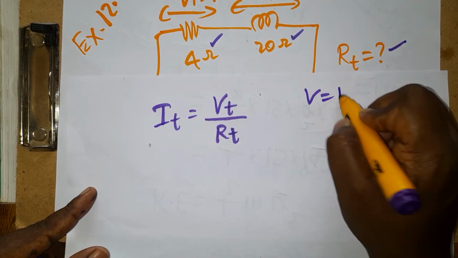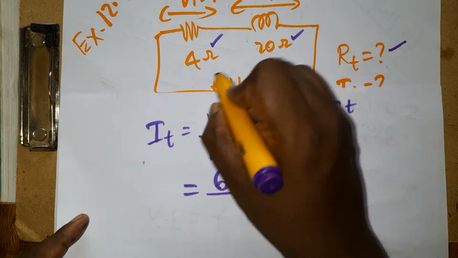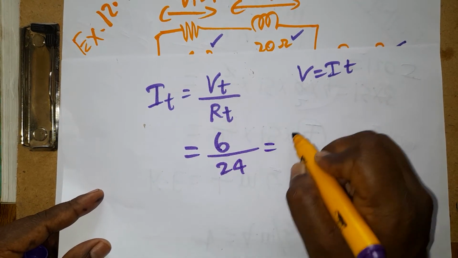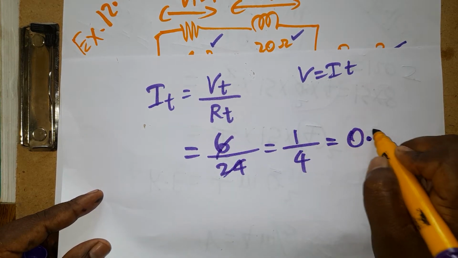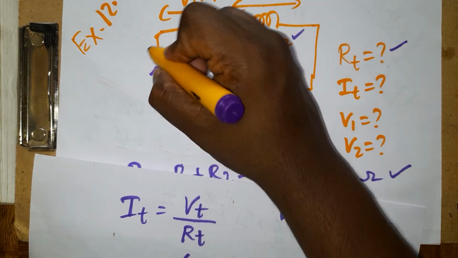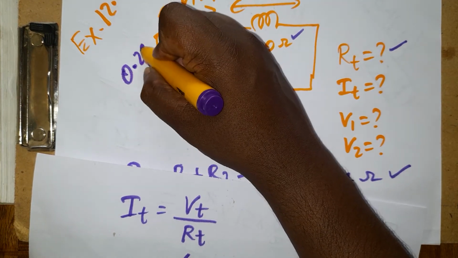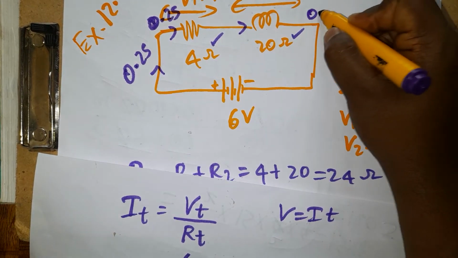According to Ohm's law, V is equal to IR, so I is equal to V by R. V is 6, R is 24. 6 divided by 24 is 1 divided by 4, 0.25 ampere. Current is 0.25 ampere. Current in series is constant, 0.25, 0.25, 0.25. The same current is flowing.